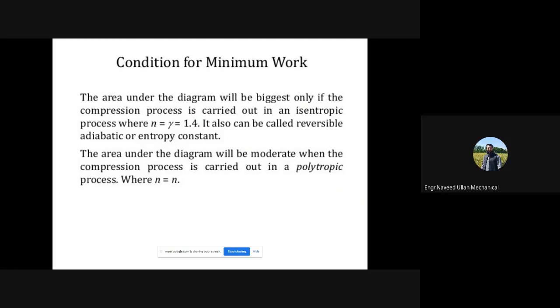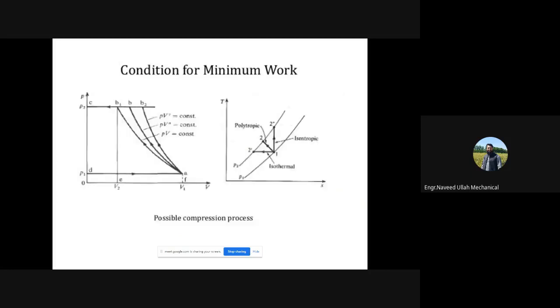So n is equal to 1 के लिए isothermal minimum power work consumption, n is equal to gamma is equal to 1.4 के लिए आपके पास जो वर्क कंजम्पशन है वो ज़्यादा होगा. It can also be called a reversible adiabatic and isentropic process. The area under the diagram will be moderate when the compression process is carried out in the polytropic process, where n is equal to n. So the best one is the isothermal process, right? We can also look at this one.